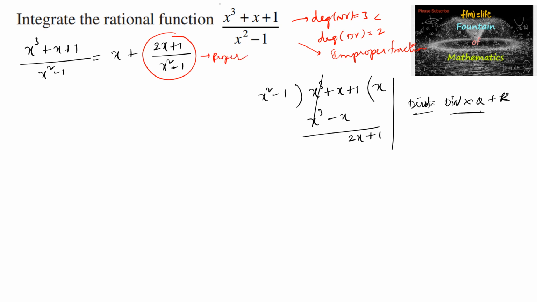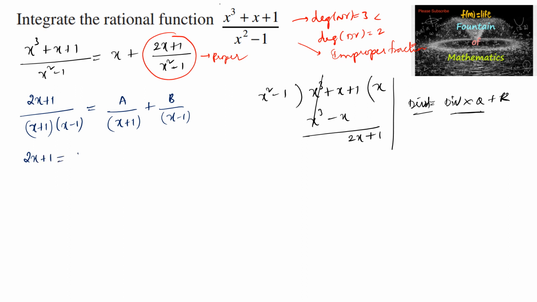So here we can write 2x plus 1 upon x square minus 1 as x plus 1 into x minus 1, which is equal to a upon x plus 1 plus b upon x minus 1. So 2x plus 1 is equal to a times of x minus 1 plus b times of x plus 1.